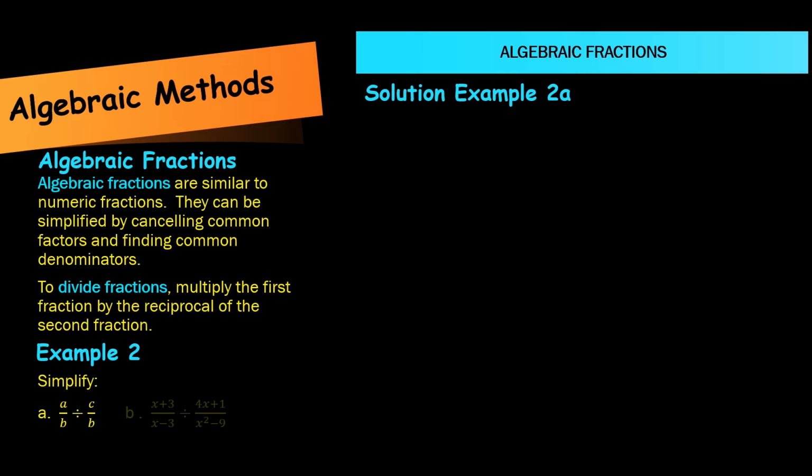So let's solve example 2a first. We have a over b divided by c over b. We therefore turn over the second fraction and multiply instead. So we have a over b times b over c.